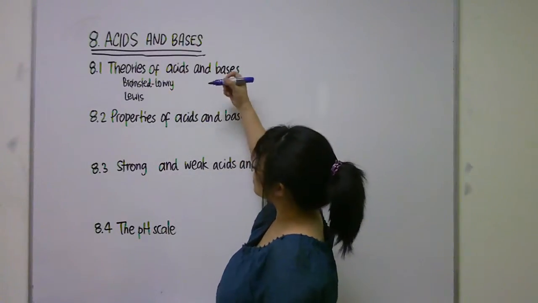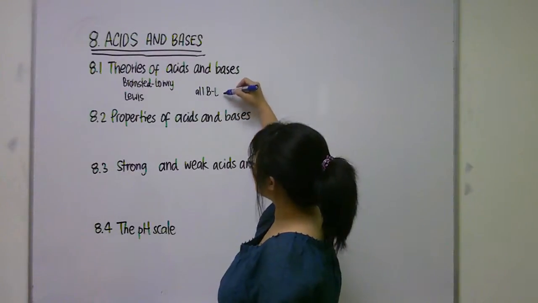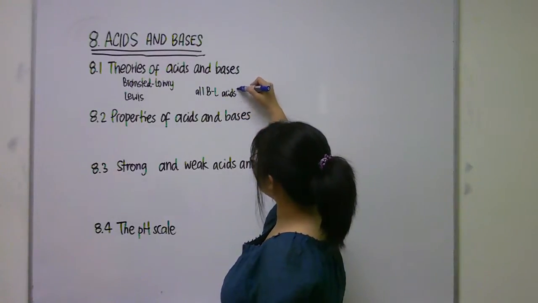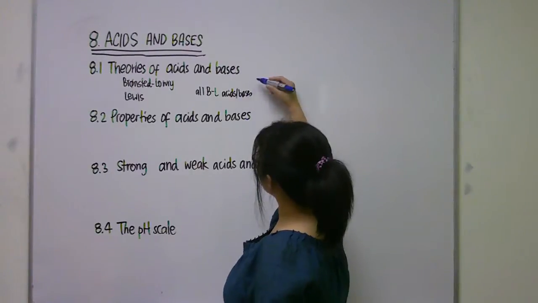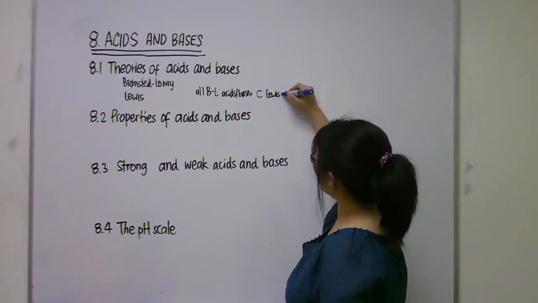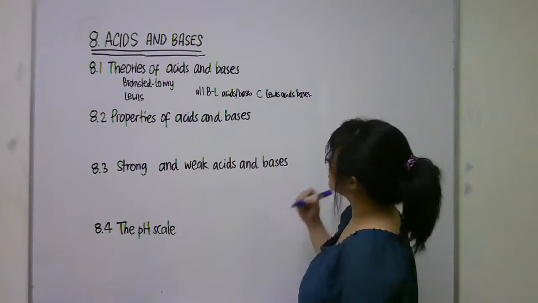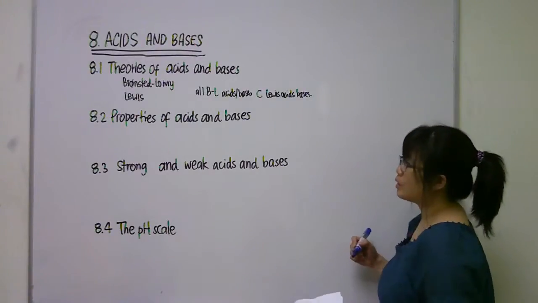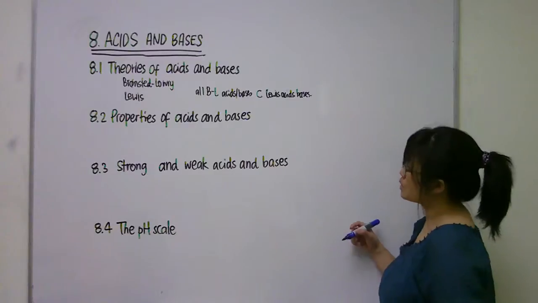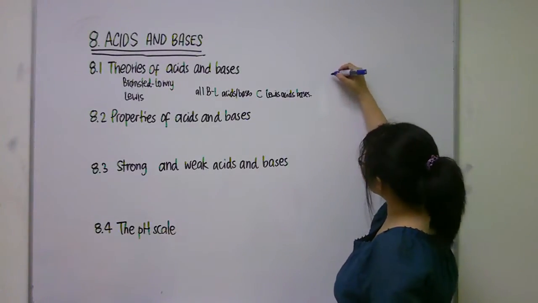Okay, so then you also need to explain that all Bronsted-Lowry acids and bases are actually a subset of Lewis acids and bases. Okay, and you could show a reaction of Bronsted-Lowry acids and bases with water, or with any Bronsted-Lowry reactions.